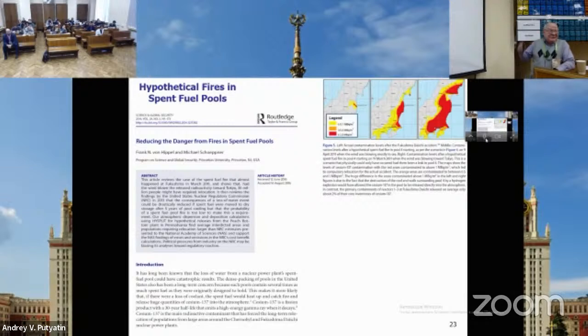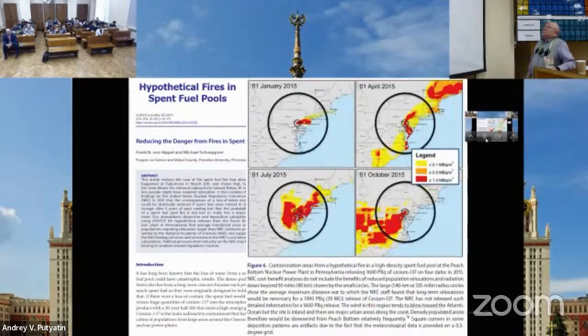Actually, in worst cases, for Tokyo with tens of millions of people, it was necessary to evacuate a lot of people, tens of millions, if such a hypothetical accident would happen. This is another result of such modeling and calculation for the US.